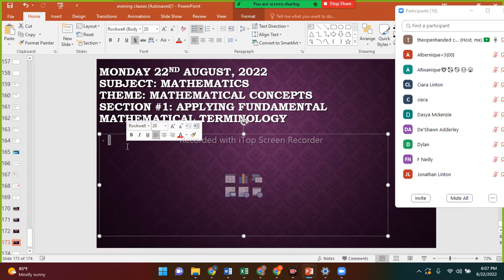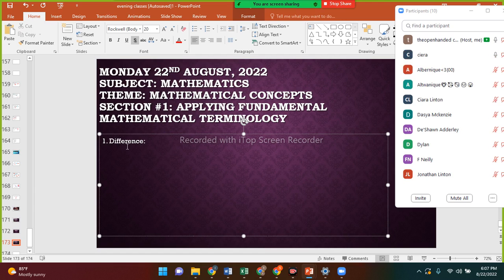So the first one, and I'm going to ask Sierra to define this term. The first term that we're going to be looking at is difference. What do we mean by difference, Sierra? The difference means to subtract.